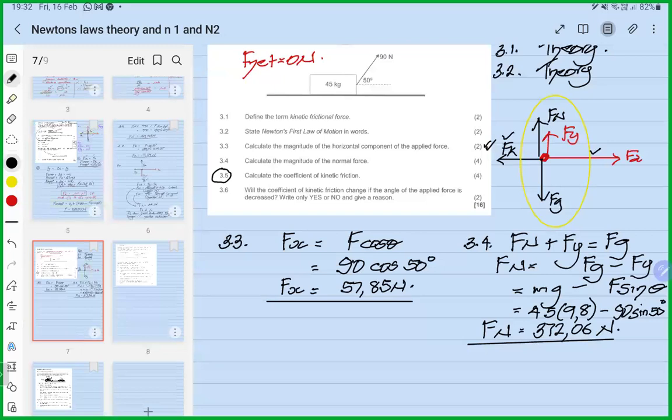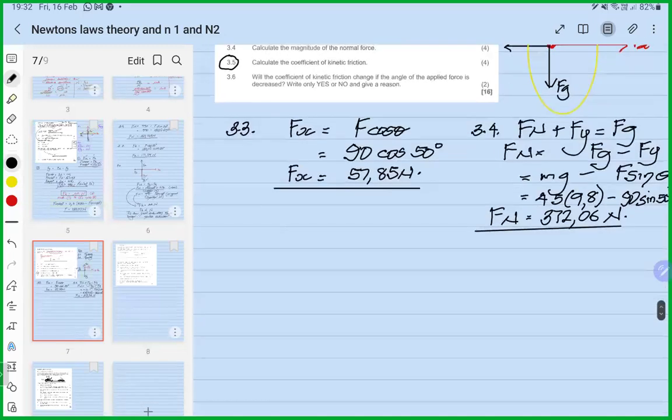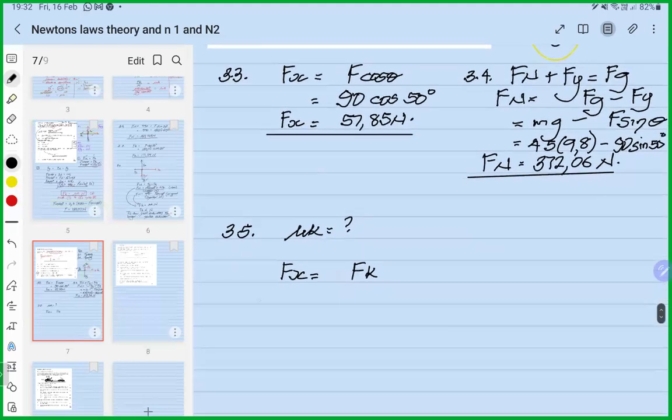So we got what the kinetic friction is. So for 3.5, to find out the coefficient of kinetic friction, that's what they want us to find. We got our Fx equal to your kinetic frictional force. And that's going to be F cos theta is equal to Fk.